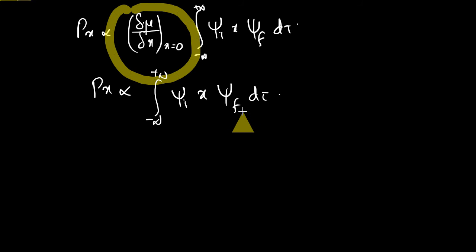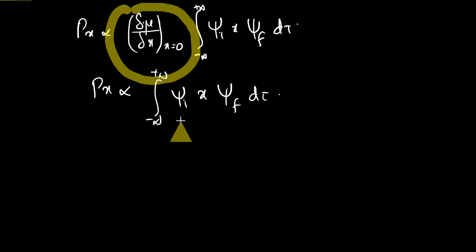Now we have a simpler expression for the transition moment integral. This is a component of the probability in the x direction, and it is simpler because in place of the transition moment operator we have a simple term, the x coordinate.